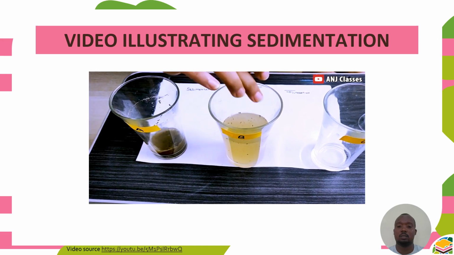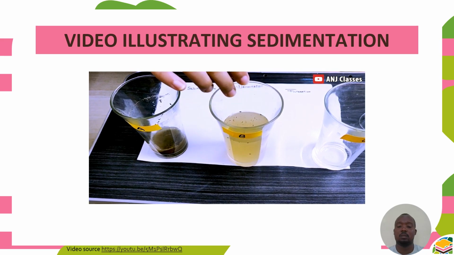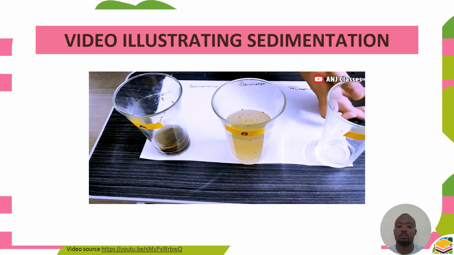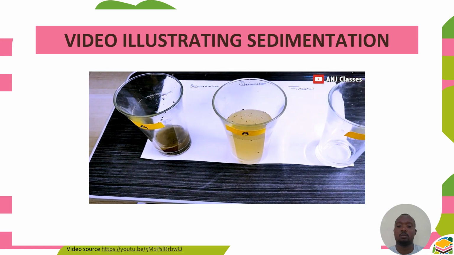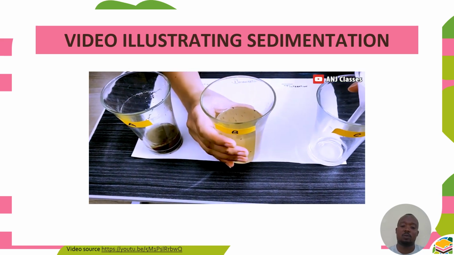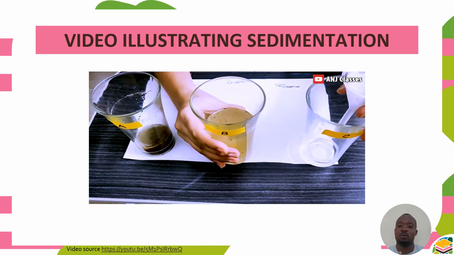Now we will pass this decanted water through filter paper. I just make a simple cone of the filter paper and put it in. So what are they doing now? They want to filter the water.